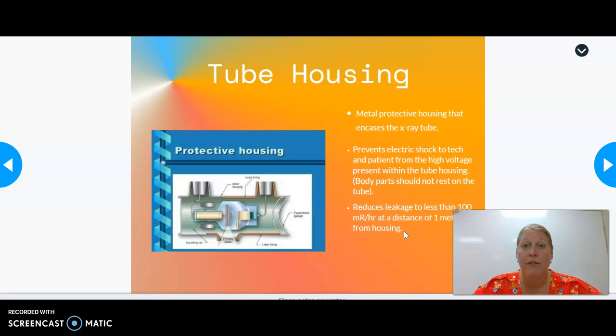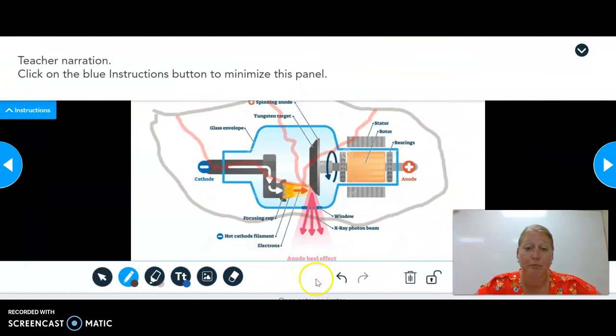So that means if you are at 1 meter from the tube, when an exposure takes off, it's reducing that leakage to less than 100 milliroentgens per hour. Obviously, the further you go, if you're at 3 meters, it's going to be a lot less. And that will go into the inverse square law, which we will get to later on in the semester.